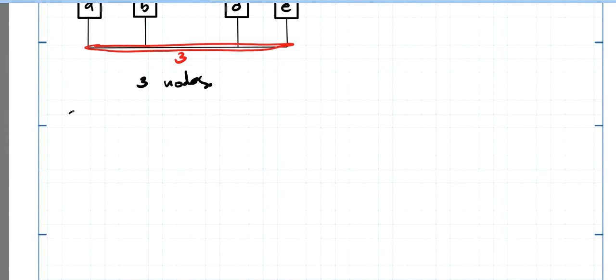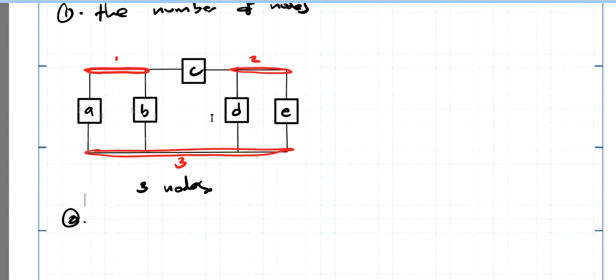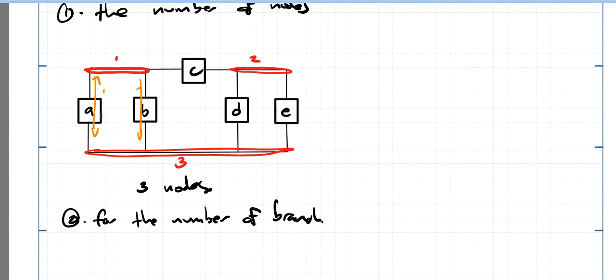Next one is the number of branches. Let's say, branch number 1, 2, those 3, 4, and 5. So we have 5 branches.